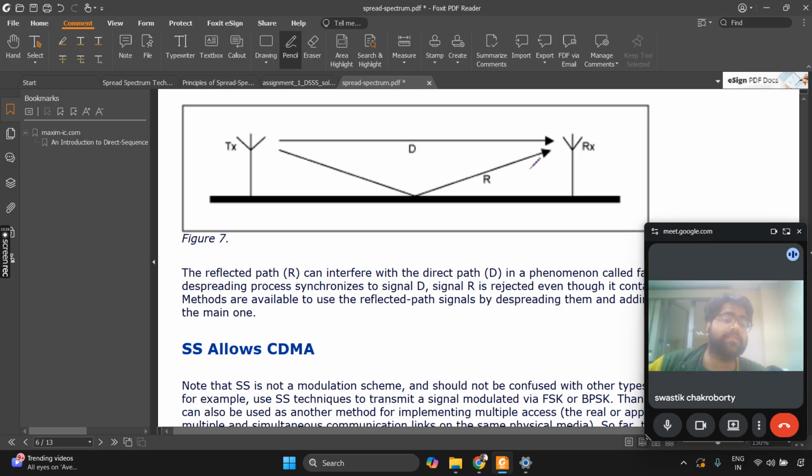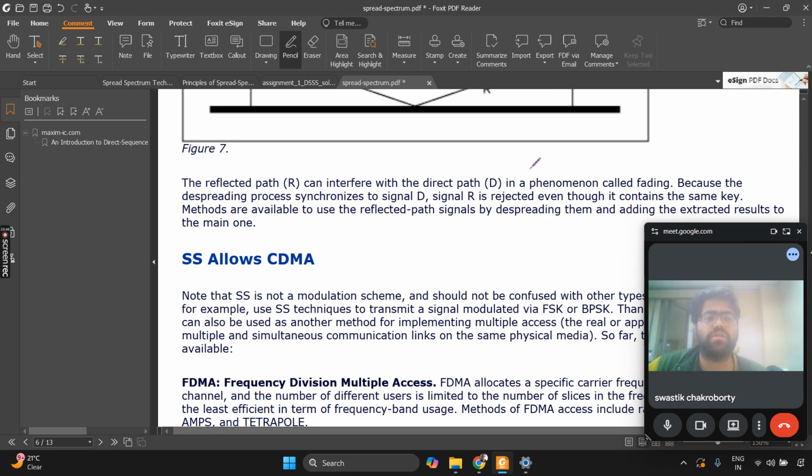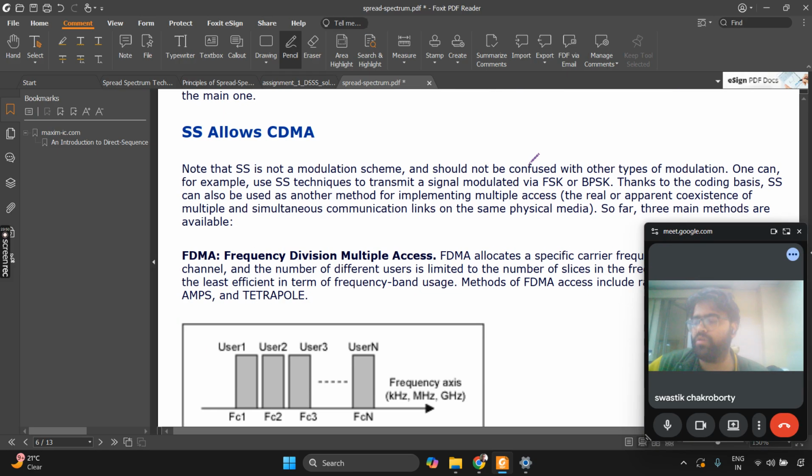So the code and the signal have to be perfectly synchronized for them to combine and give you perfectly good data. If the signal is delayed, then your signal is useless, because the code will reject that. The code will not give any meaningful data when multiplying.